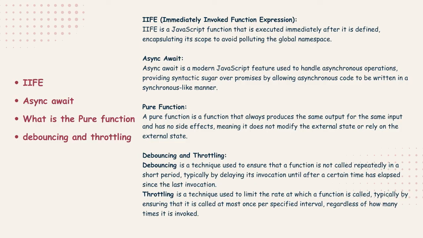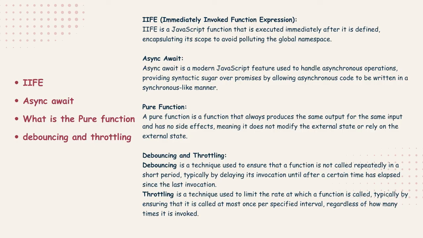Okay, so last question. What is debouncing and throttling? For example, in an input box, if I want particular data, D-A-3, every time I type D, then A, that function will be called and it will take more time.